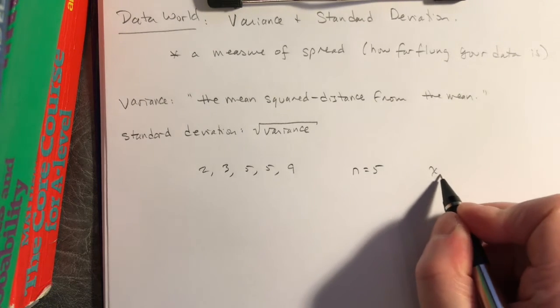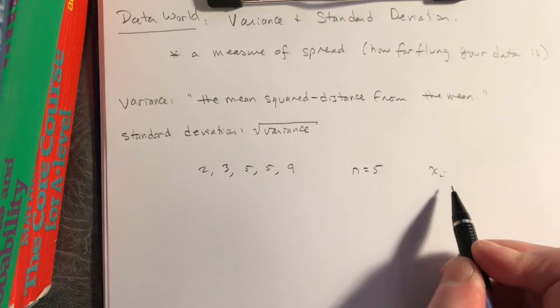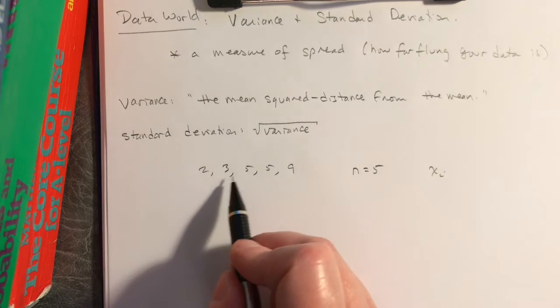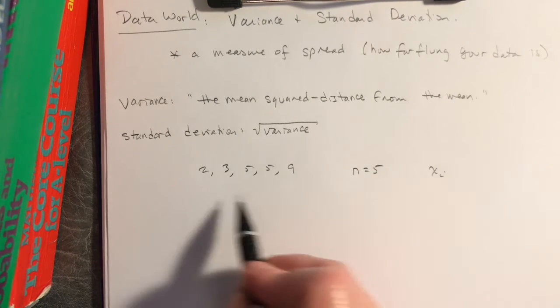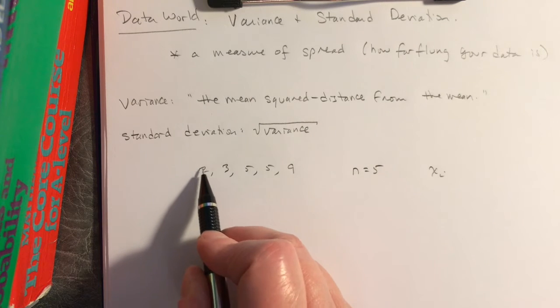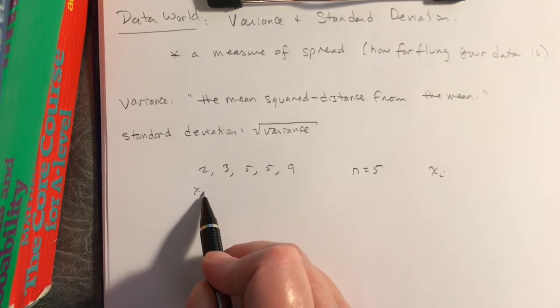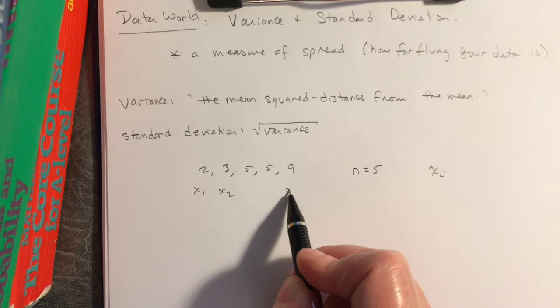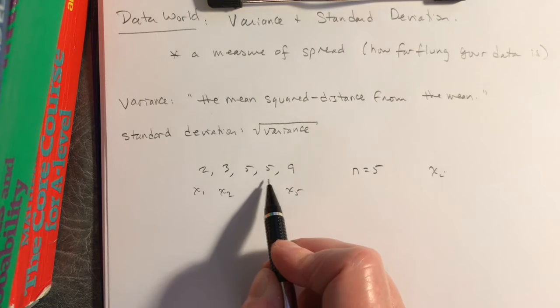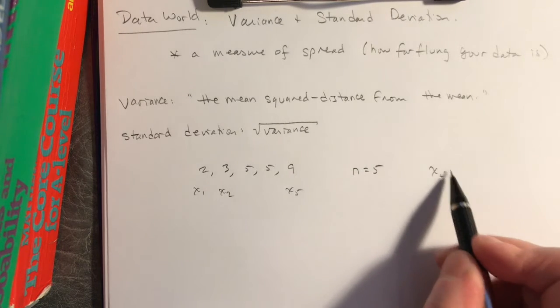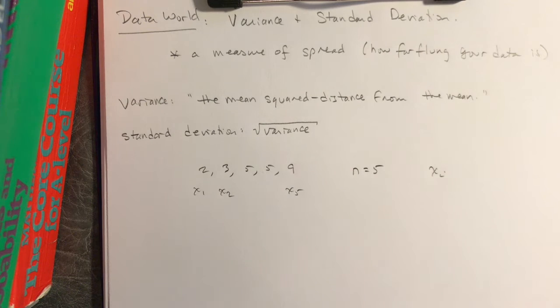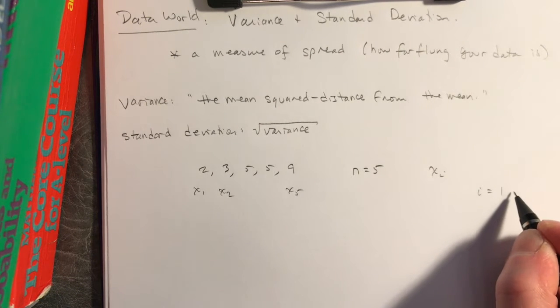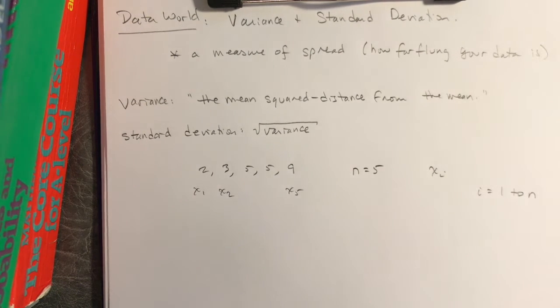When I write x sub i, I mean one of my data points, where i tells me who I am. So that's x sub 1, x sub 2, x sub 3, x sub 4, x sub 5. So x sub i is just a generic one in the middle. Okay, so my i's go from 1 all the way up to n.